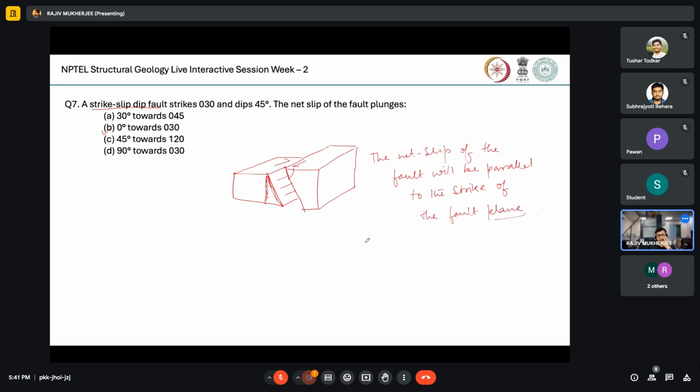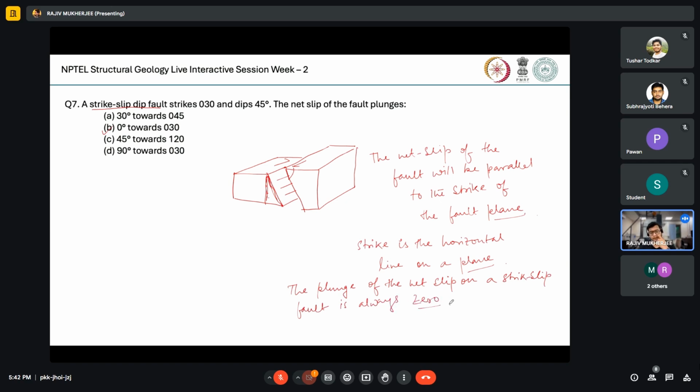In that case, strike is the horizontal line on a plane, and that is why the plunge of the net slip on a strike slip fault is always 0. Okay.